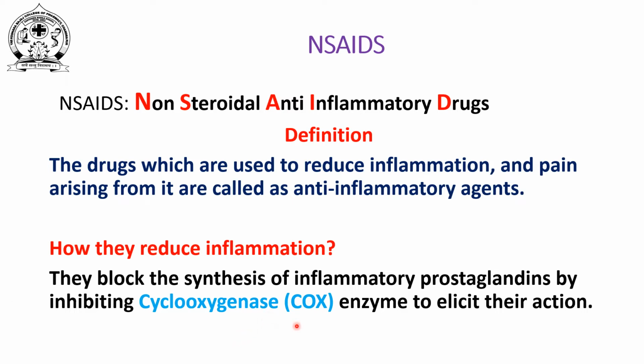Cyclooxygenase enzyme has two isoforms, COX-1 and COX-2. COX-1 is responsible for housekeeping functions of the body, and COX-2 is the main enzyme which leads to signs and symptoms of inflammation.